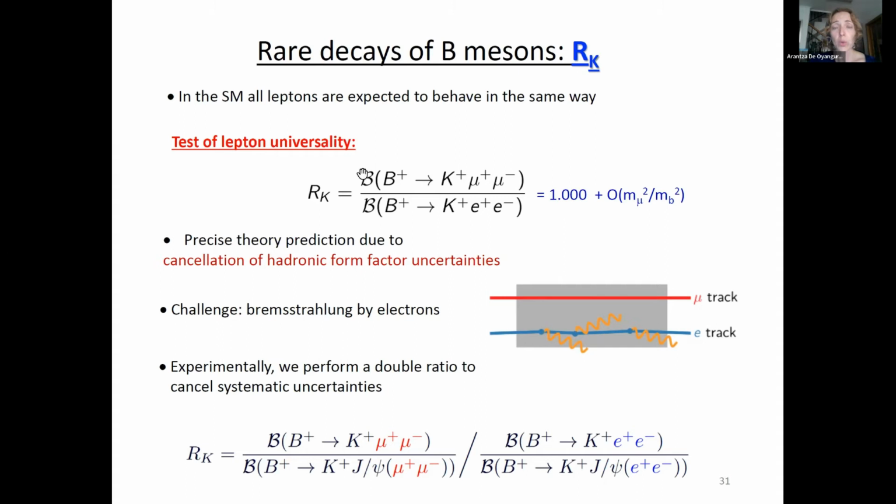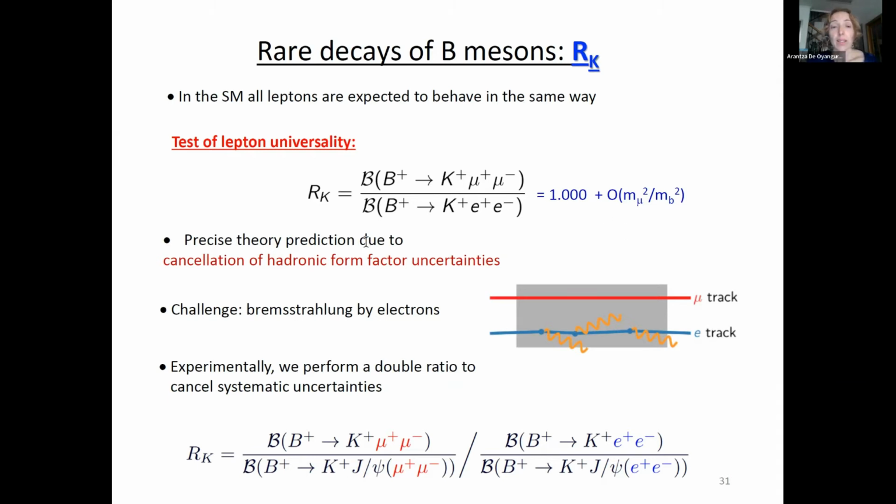So what we can do is to measure the branching ratio of, for instance, these rare semi-leptonic decays into muons and into electrons. Because in the standard model the leptons are expected to behave in the same way, you will have something like 1 plus or minus some correction factor.